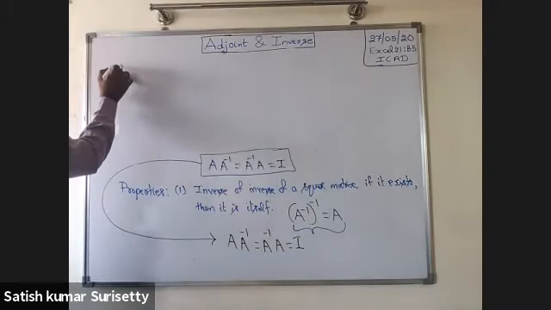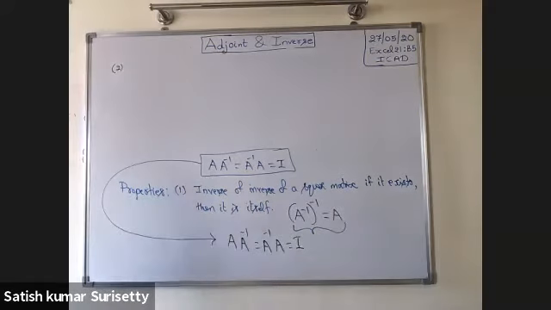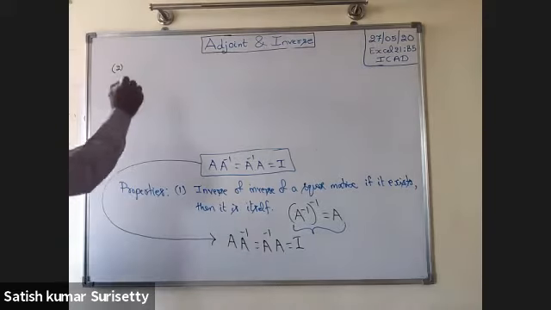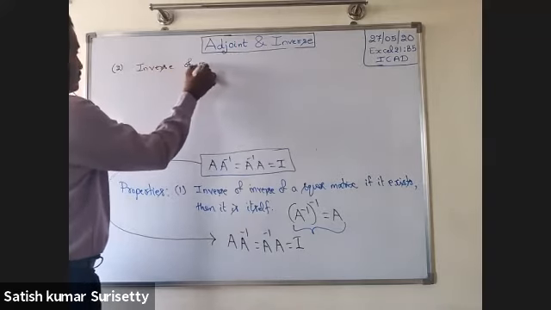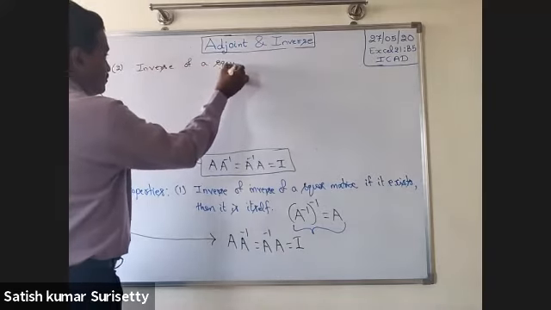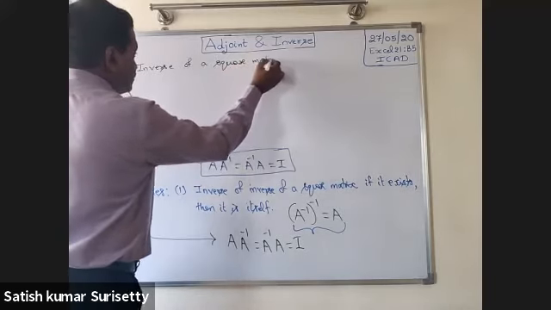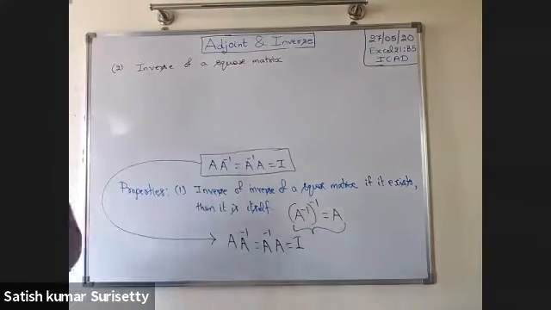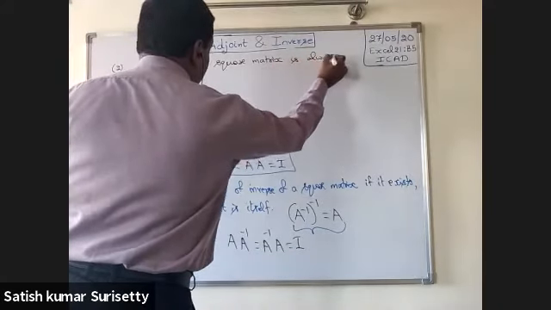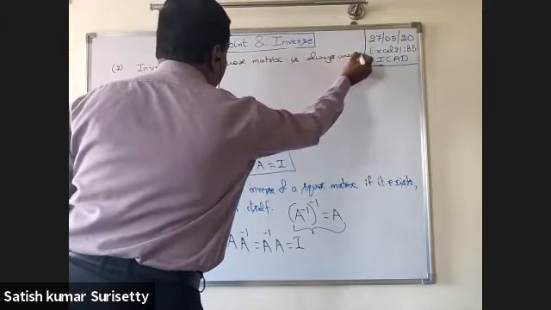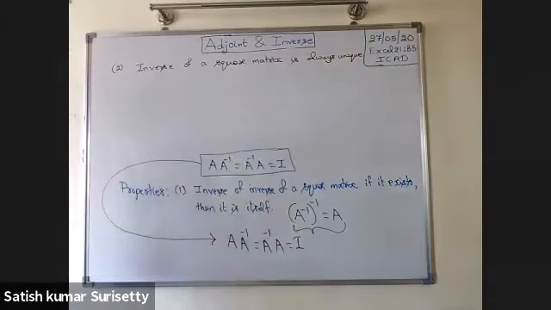Second property. The inverse of a square matrix is always unique.